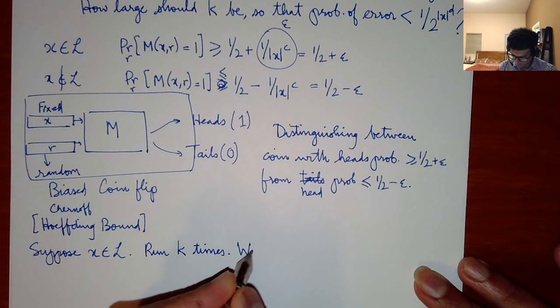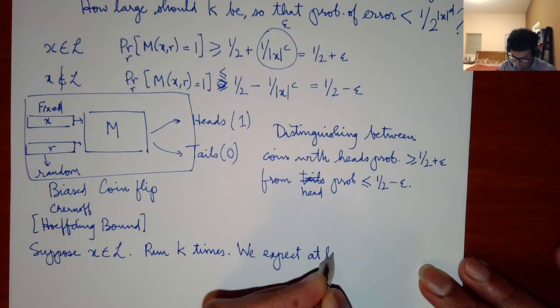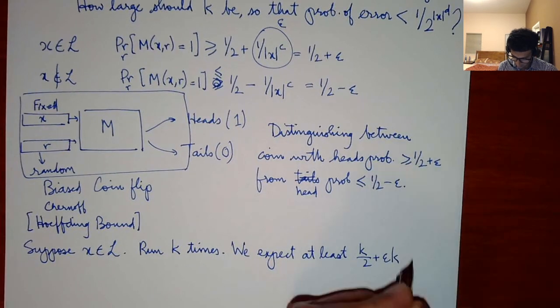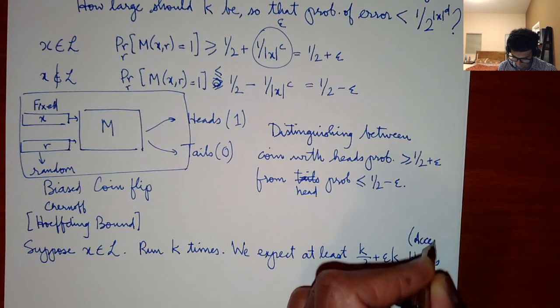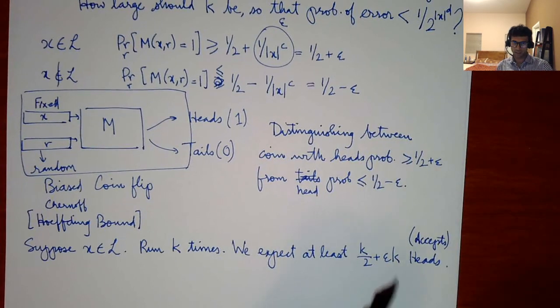We expect at least k over 2 plus epsilon k heads, which is the same thing as that many acceptances, because it's a half plus epsilon. So the expected, the average number of heads is at least k over 2 plus epsilon k.